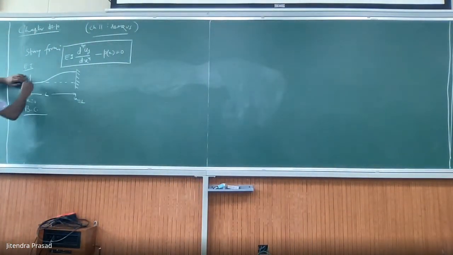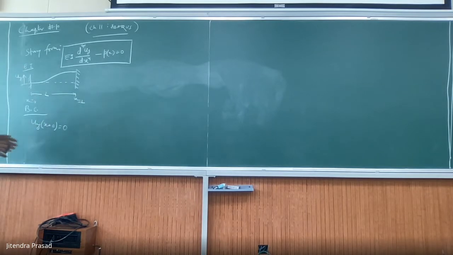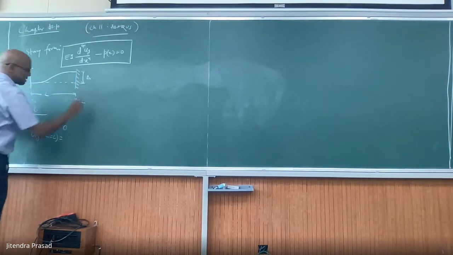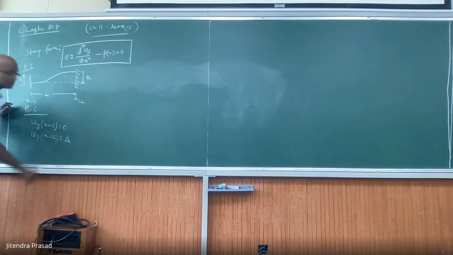What you know is uy at x equal to 0 is equal to 0. Then uy at x equal to L, let us say the value is delta, so we write it equal to delta.